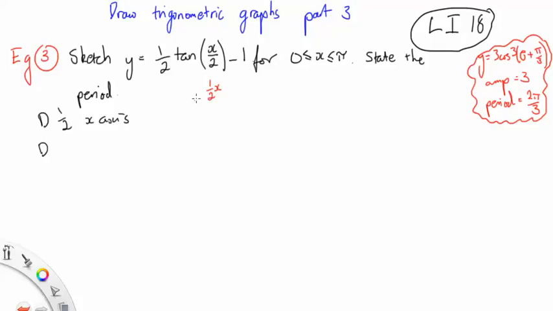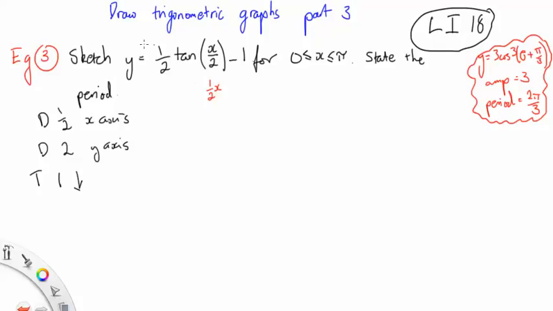Dividing by 2 is the same as saying half of something. So the dilation here is the reciprocal of that, a factor of 2 from the y-axis. Any reflections? No, but we do have a translation of 1 unit down.